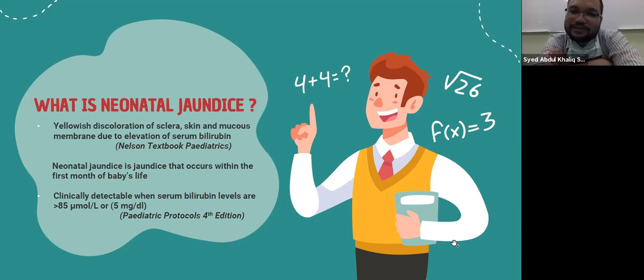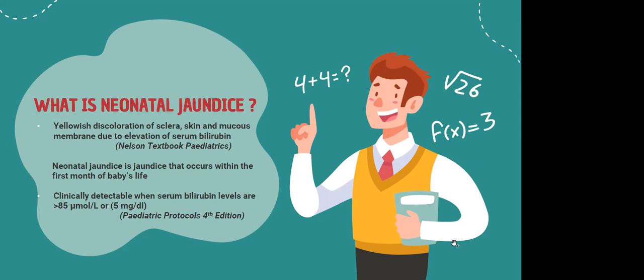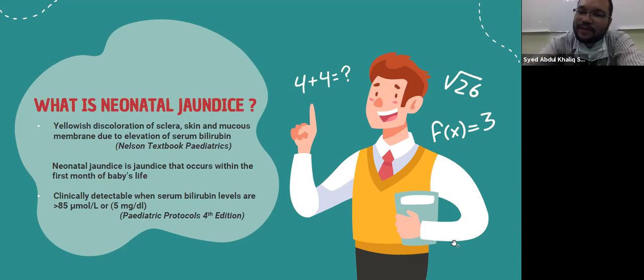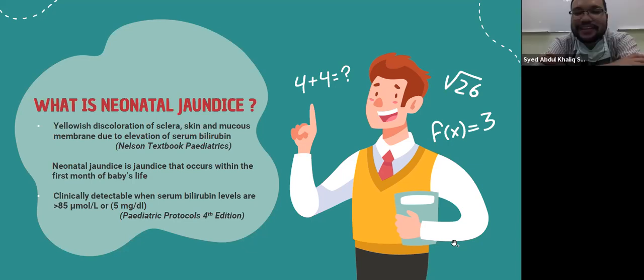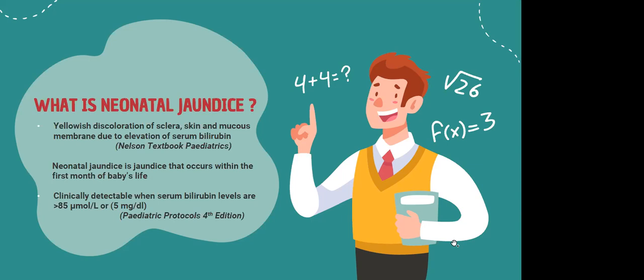We use phototherapy because we want to excrete the bilirubin without the need to conjugate. Bile and bilirubin are totally different things. Bile you get from your gallbladder. I mean bilirubin excreted in the bile.